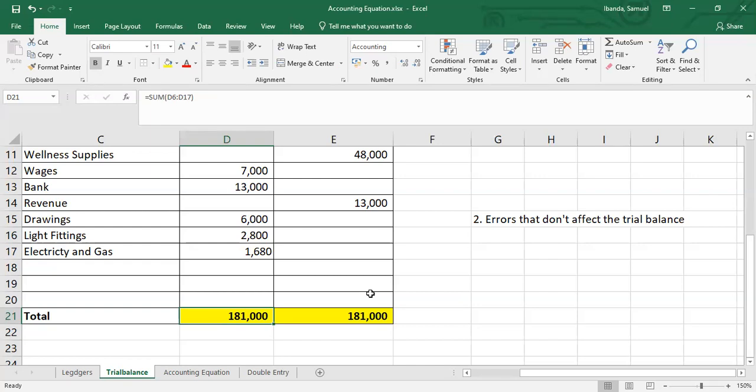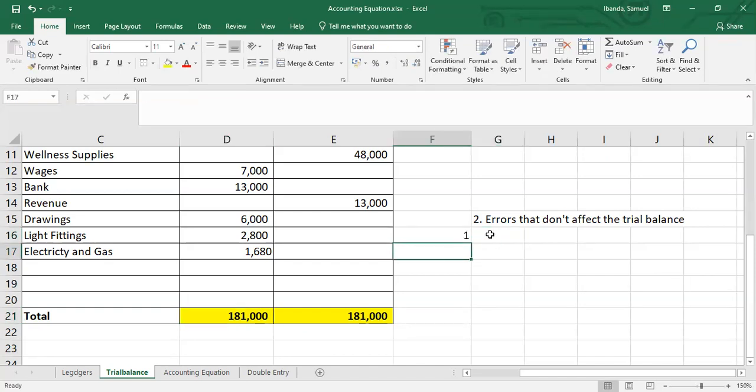I want to say no. Even if your trial balance balances, there could be some errors that you have made along the way, but those errors do not affect the balancing of the trial balance. I'll give you some examples.